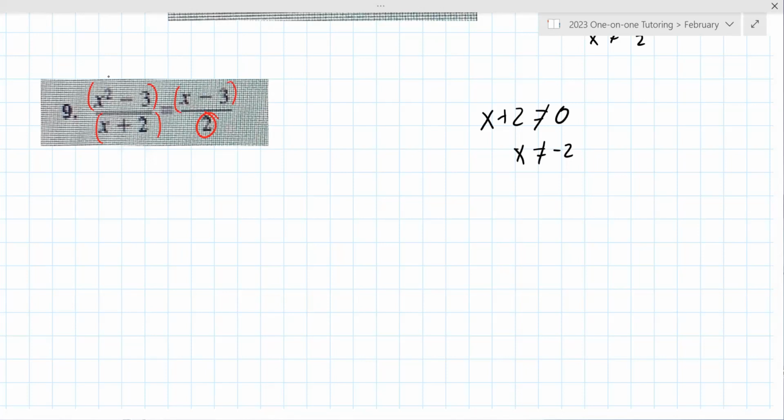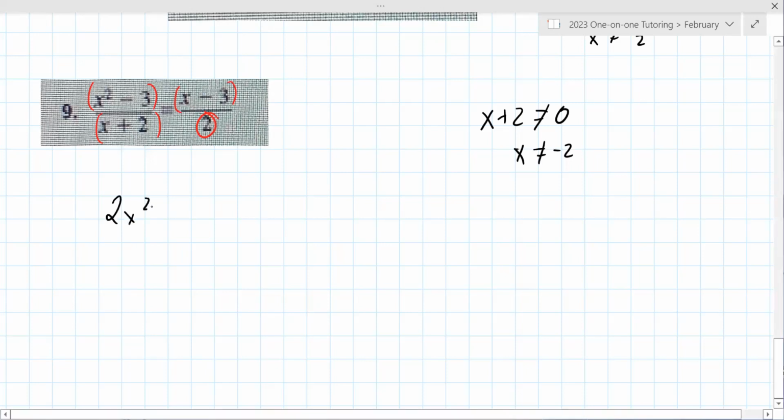I got 2x squared minus 6 equals x squared minus x minus 6. Good. Okay, so now which way should you move terms? And there's not like a wrong answer. You just have to have good justification for which way you're going. I think I'd move the x squared to the left, like I'd subtract it.